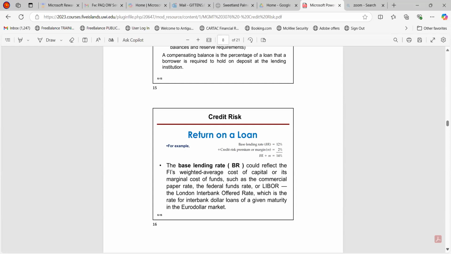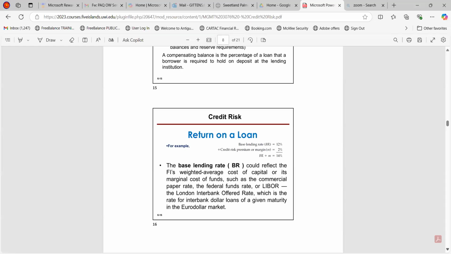And so what you see here, if you look on the screen, you'll notice that there's the base lending rate, okay? And so the base lending rate is going to reflect the financial institution's weighted average cost of capital. So what the institution is paying itself on for its capital or its cost of funds, right?